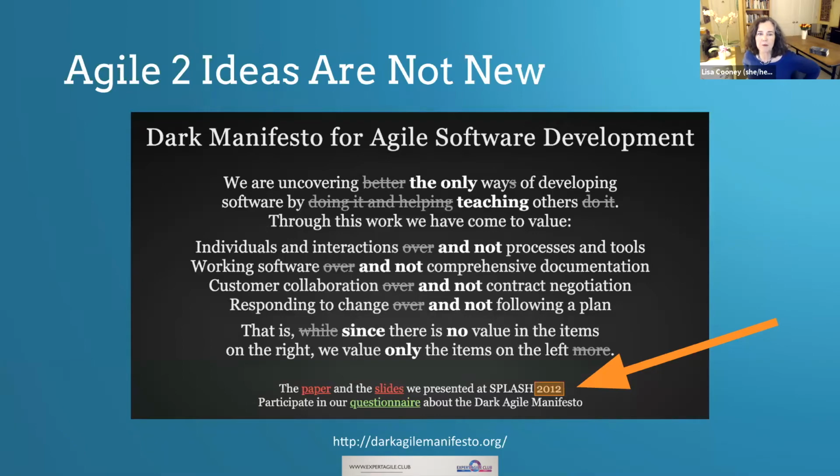And from their perspective, it doesn't work, and they feel like they don't have the freedom to do their work. So we've known about this problem for a while, and people have been talking about it for a while. What we tried with Agile 2 is we really tried to address this problem head on.